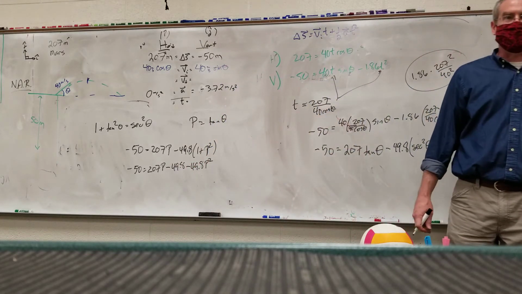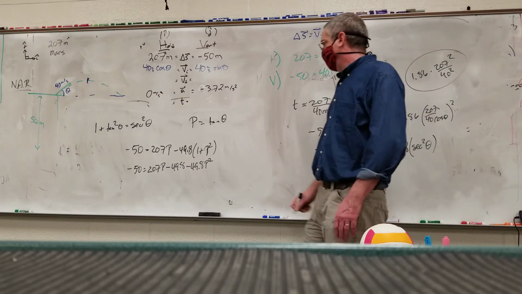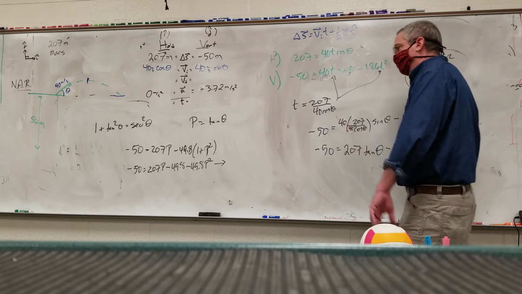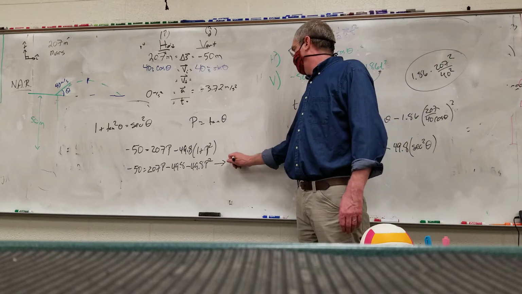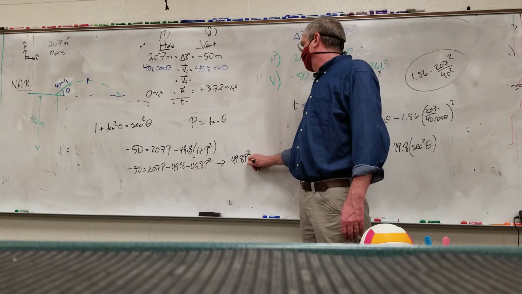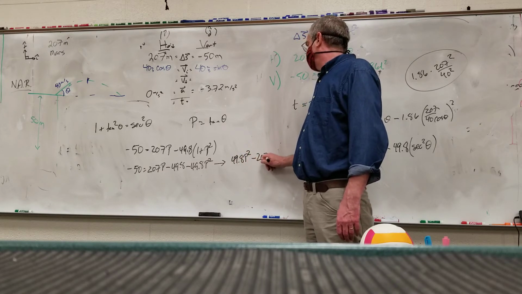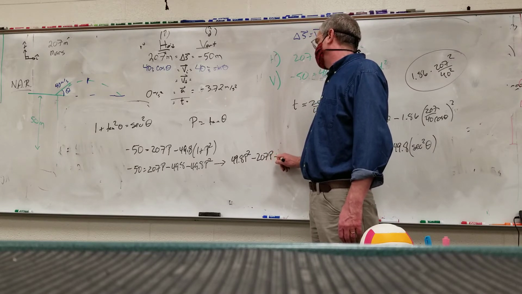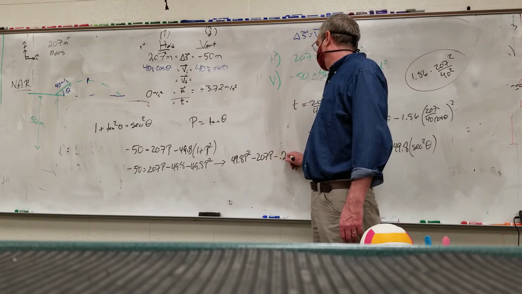Now we're left with a more obvious quadratic, or I guess officially a quadratic equation. Let's get it into the right form, use the formula. So 49.8p squared minus 207p plus, minus 0.2 equals 0.